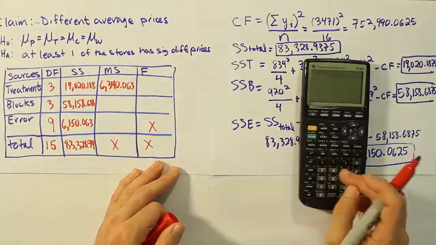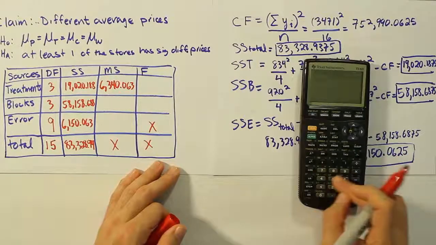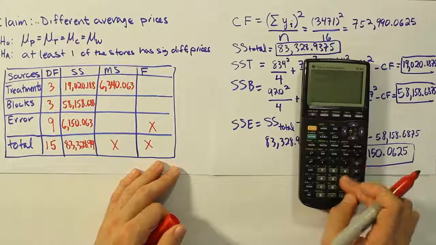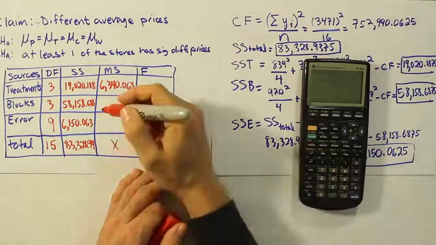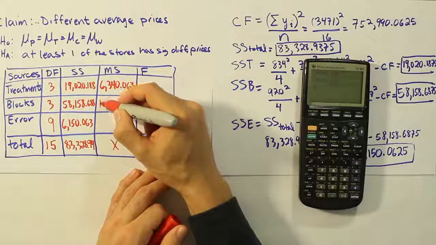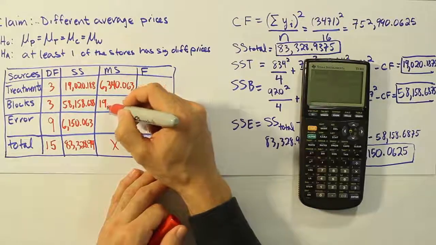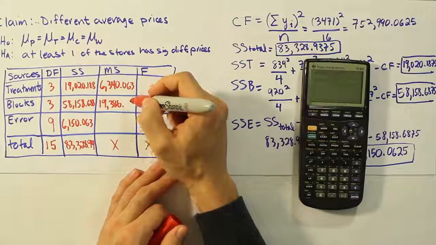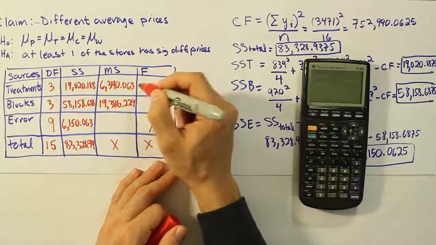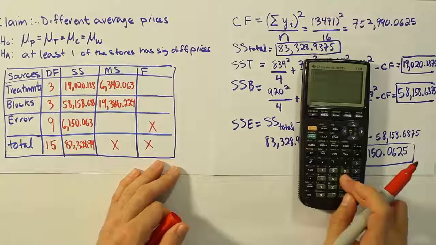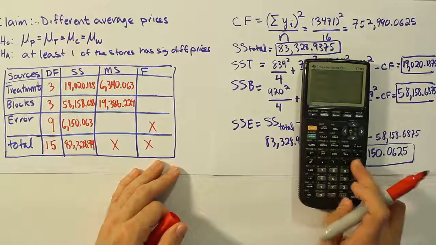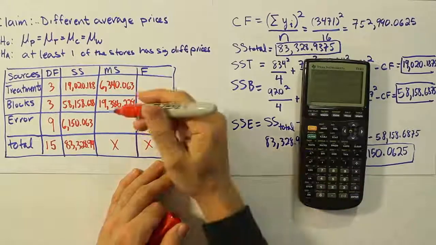All right, we're going to do the same for the 58,158.688. We're going to divide that by 3. And we get the answer 19,386.229. All right, and we'll do the same here for 6,150.063. This time dividing it by 9, the degrees of freedom there. We get 683.340.